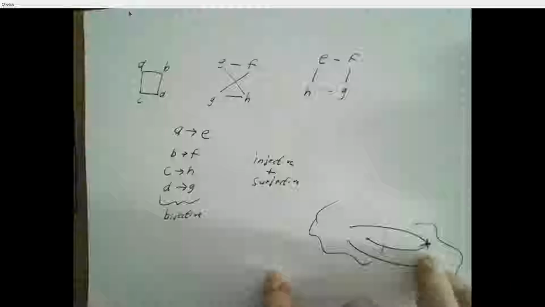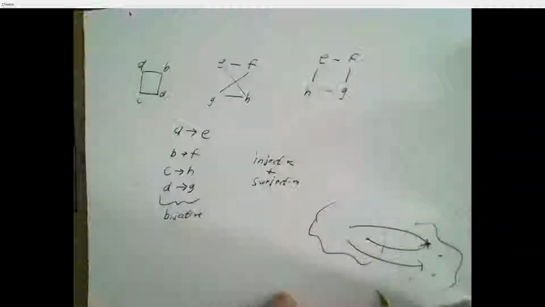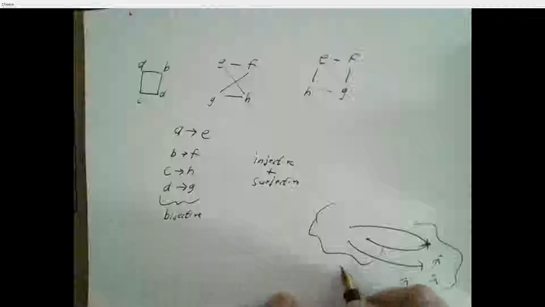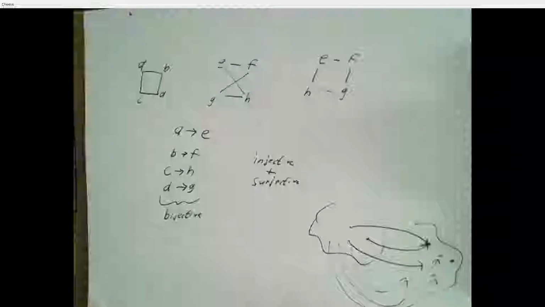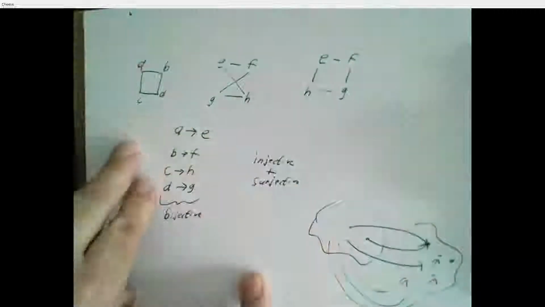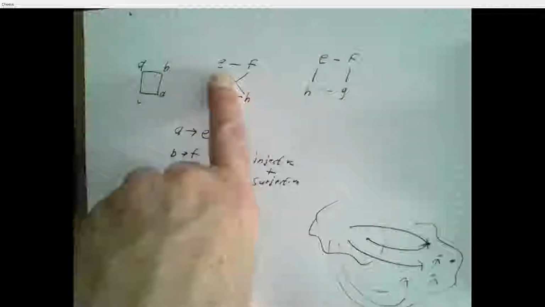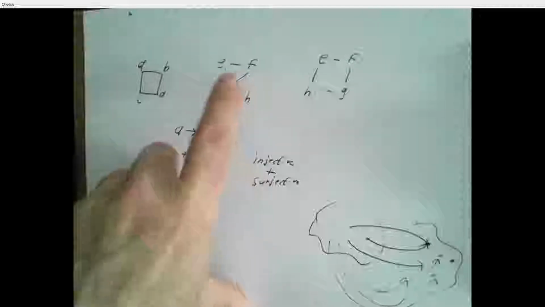So that's injective. Surjective means that every point over here has to have some arrow pointing to it, right, coming from somewhere. And if there's some point here that's not mapped to, then it's not surjective. So in terms of vertices, this means that you can't have two vertices mapping to the same vertex over there, which makes sense because otherwise you'd have fewer vertices on this side.